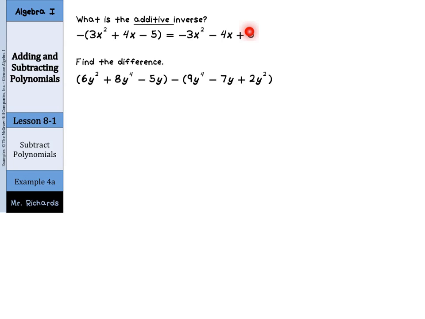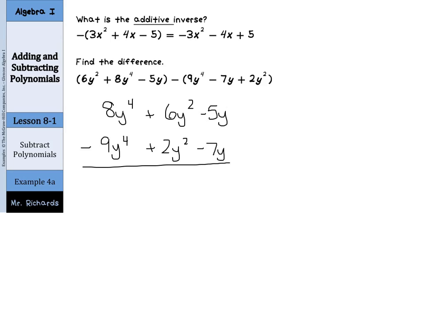And so as we look to find the difference here, let's use the vertical method. Let's line up our 8y to the 4th plus 6y squared minus 5y. And we're subtracting 9y to the 4th plus 2y squared minus 7y. Now what we're going to do is change the subtraction into addition.